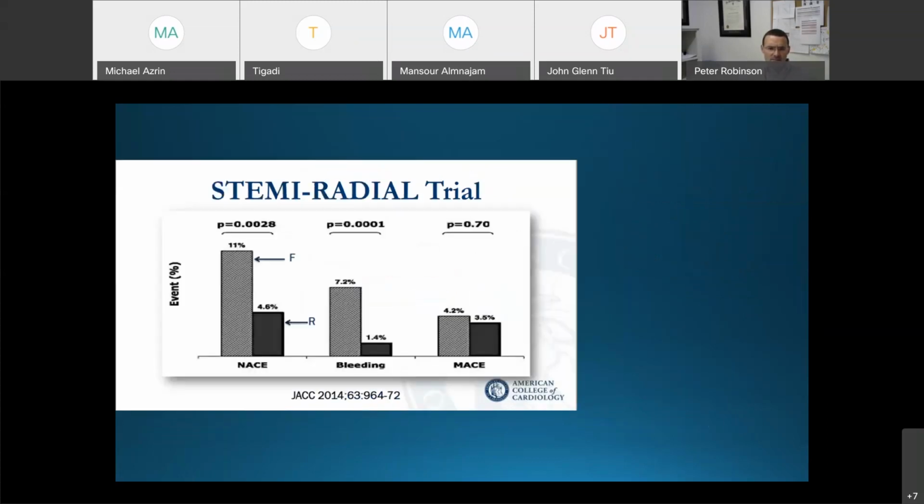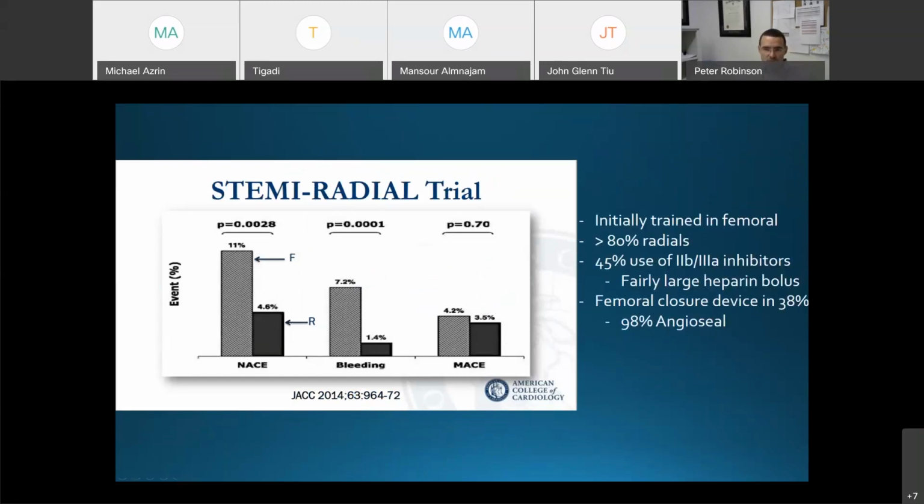Another look is the STEMI-RADIAL trial, showing that yes, the radial approach reduces bleeding. There is no difference in MACE. These folks were initially trained in femoral. They were doing more than 80% of the radials. There was still 45% use of 2B3A inhibitors. They didn't use a lot of closure devices, and when they did, it was Angio-Seal. So they still had a fairly large number of bleeding episodes.